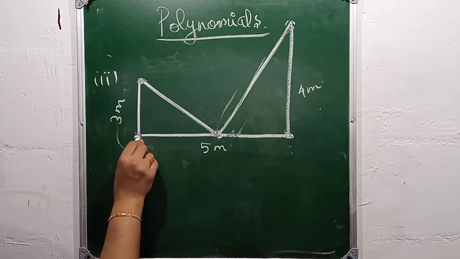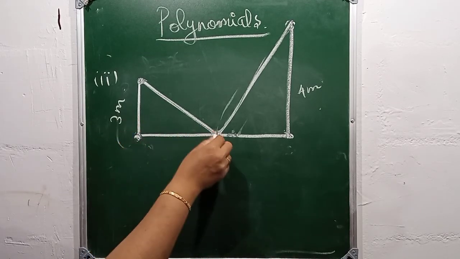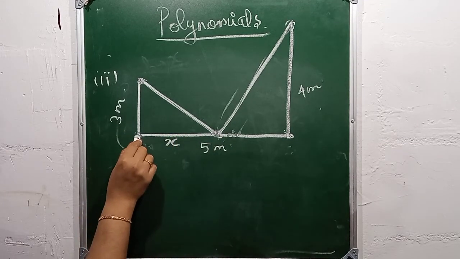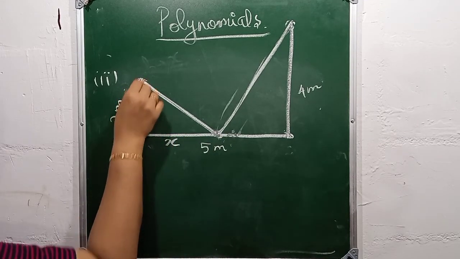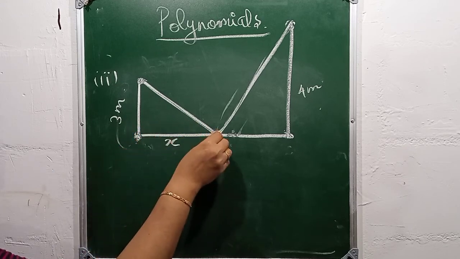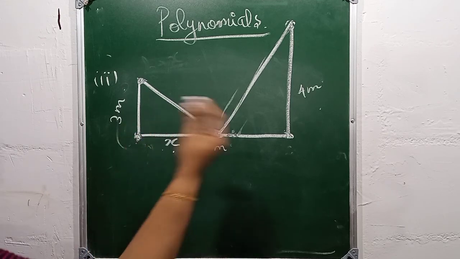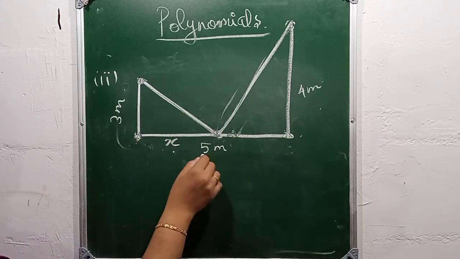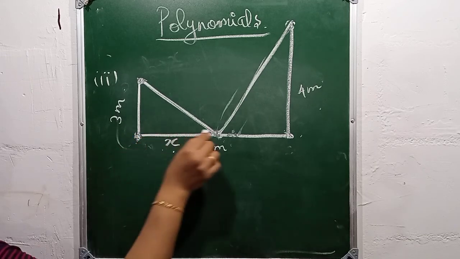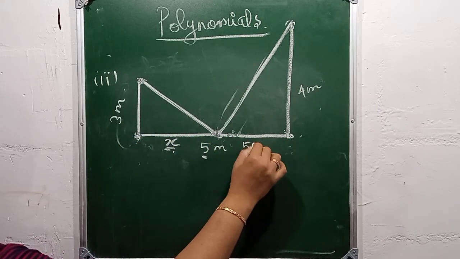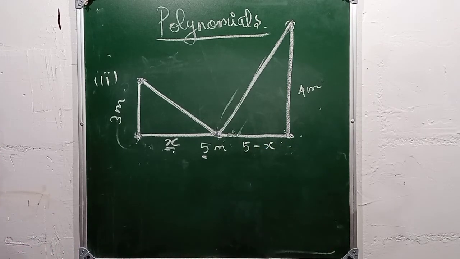Let the distance between the first pole and the point be x. Okay, the distance between this pole, that is the 3 meter high pole, and the point where the rope is stretched be x. Then the total length is equal to 5 meters and this length is equal to x meters. Then the remaining is 5 minus x.